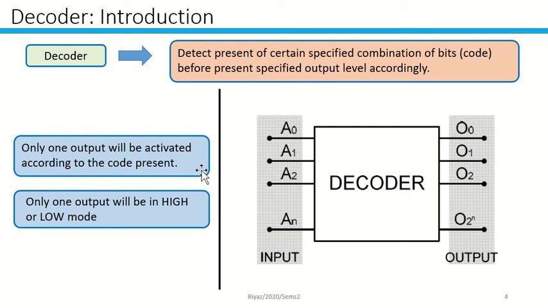The message will be encrypted, and only a person who holds the key can decrypt the message. Similarly, only one output will be active when the code is present.